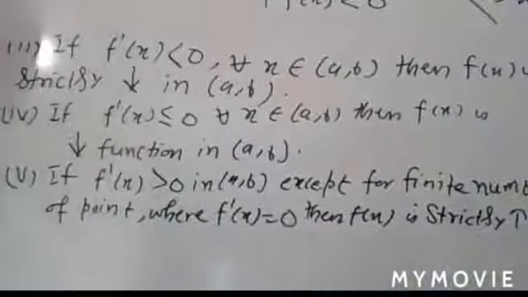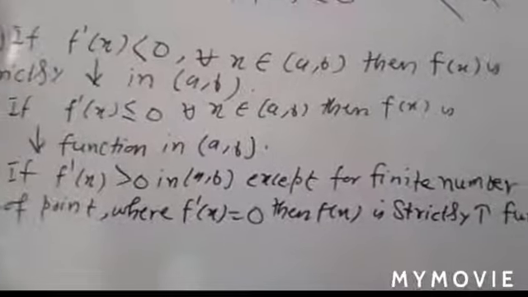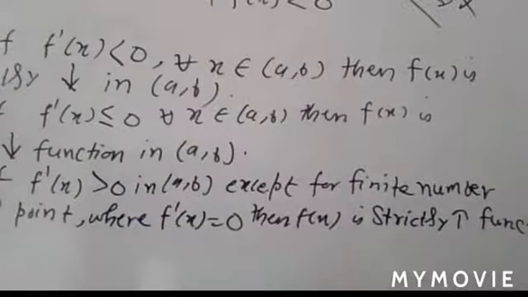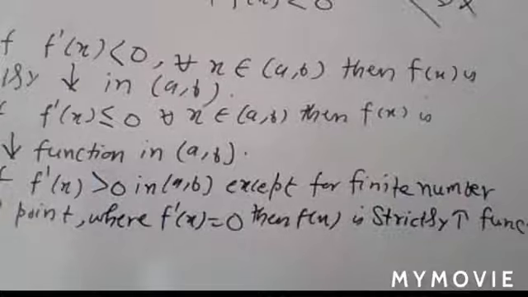You write this as the fifth point: if f dash x greater than 0 in AB except for a finite number of points where f dash x is equal to 0, then fx is strictly increasing function.